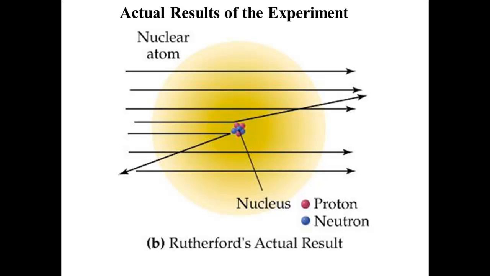A bowling ball does not bounce off a tennis ball, but a tennis ball does bounce off a bowling ball. This is the nucleus. The nucleus holds all of the positive charge and most of the mass of the atom. As was discovered later, the nucleus contains protons and neutrons and is extremely small, 1/10,000th of the radius of the atom.